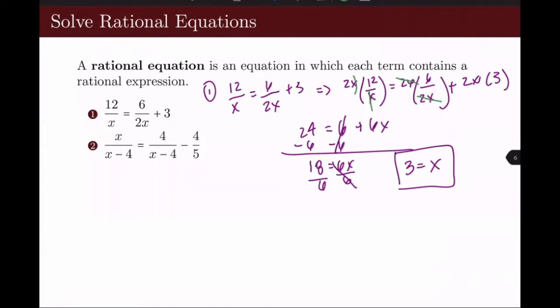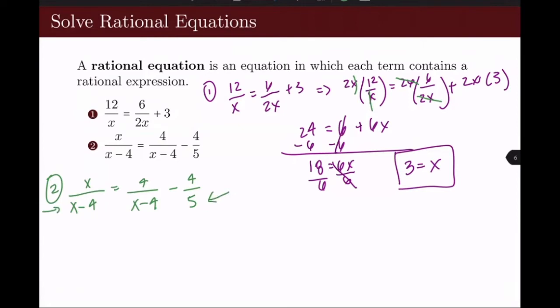All right, let's do number 2. So we have x over x minus 4 is equal to 4 over x minus 4 minus 4 over 5. Now, if we want to clear all of the fractions, I know I need to multiply everything by an x minus 4 to get rid of those. But I also need to multiply everything by a 5 to get rid of this fraction.